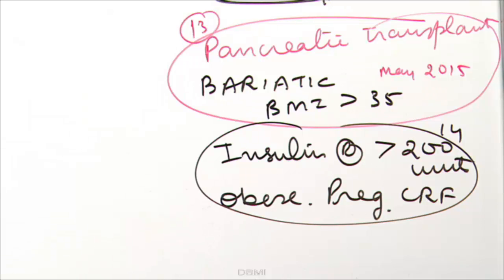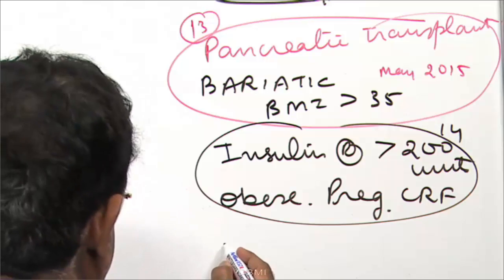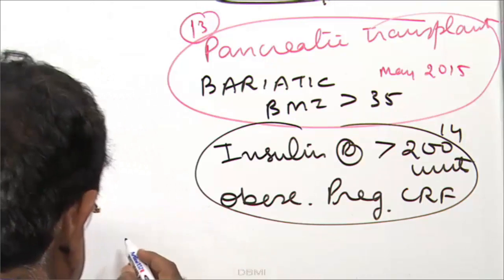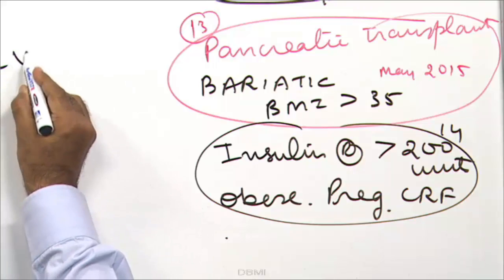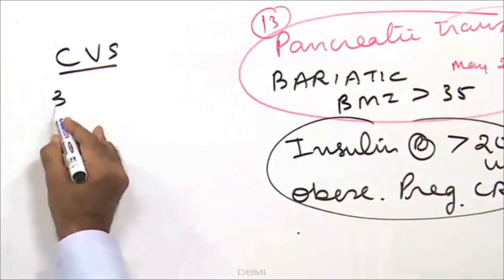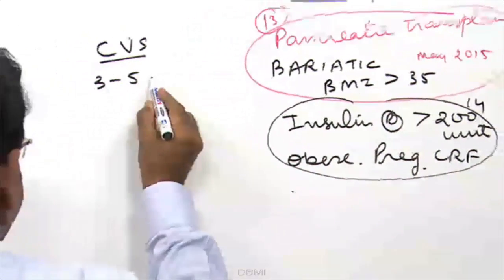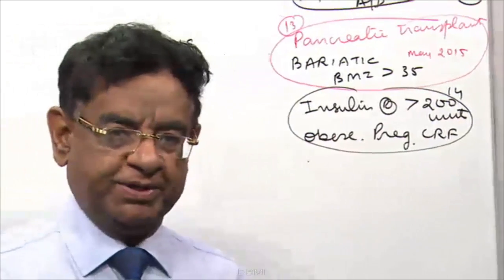So now we talk about complications of diabetes. First of all, cardiovascular complications. They are 3 to 5 times more common as compared to the normal population.